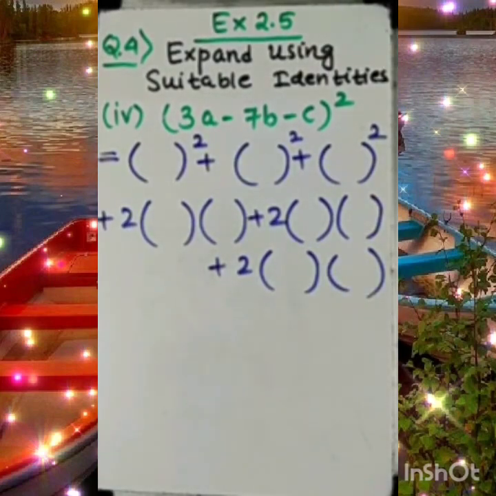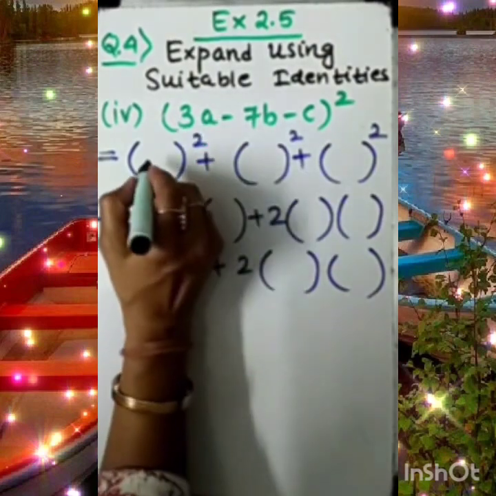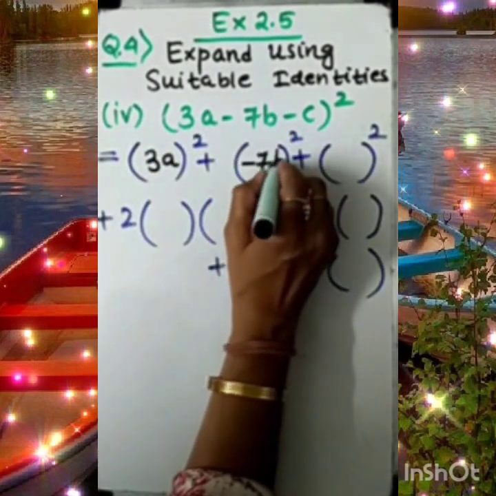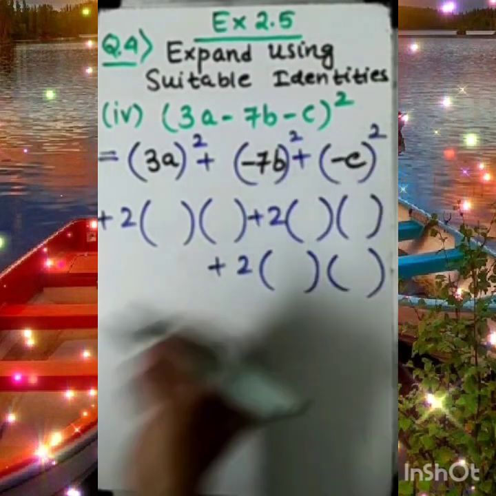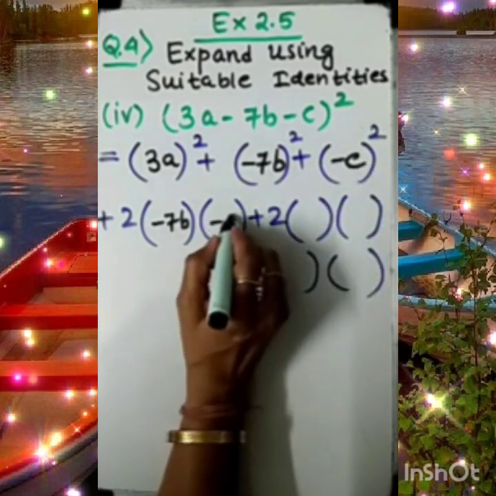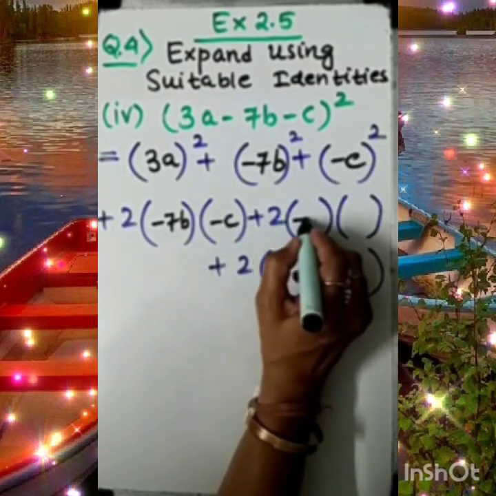Whatever I am saying from my mouth, the same thing I am mentioning with the empty bracket. Okay. Now, the first term is 3a. Second term minus 7b along with the sign. Third term minus c.